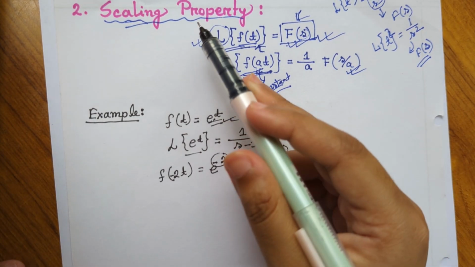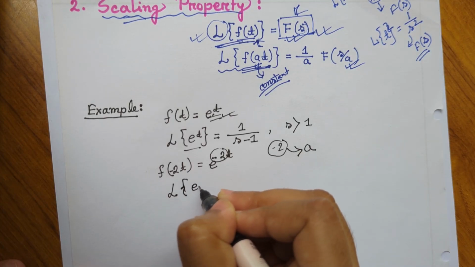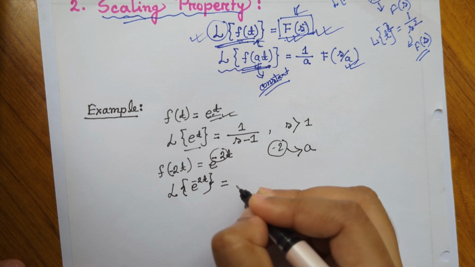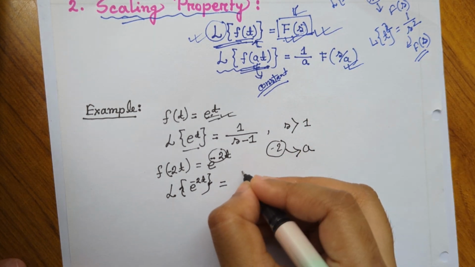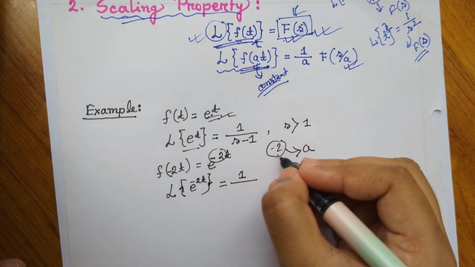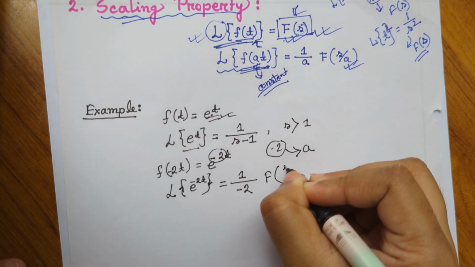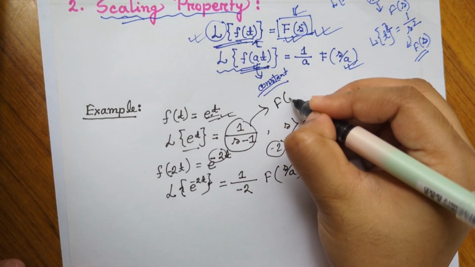So according to this scaling property, using this result, we can write the Laplace transform of this function similarly: 1 divided by the constant. Here our constant is minus 2. So 1 divided by minus 2 into F of s by a. Here this is the F of s function.